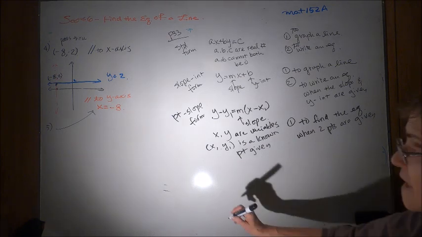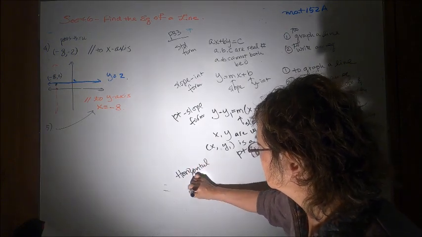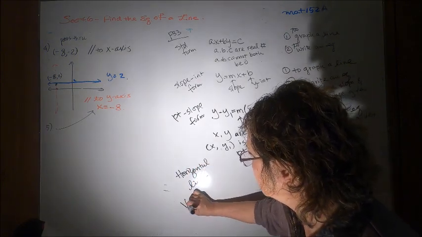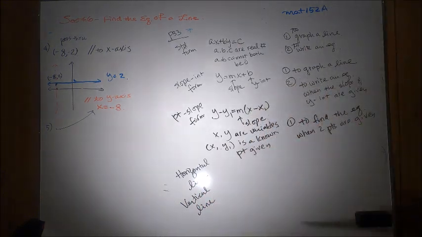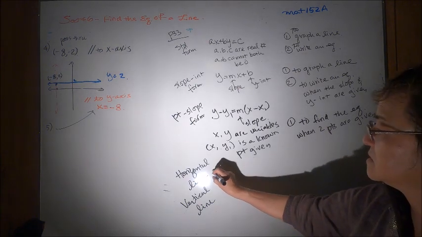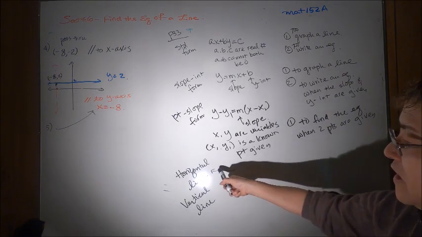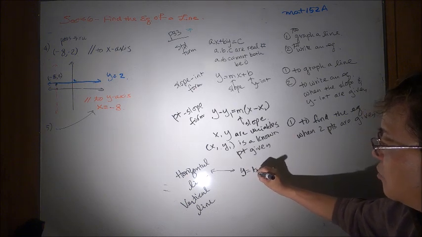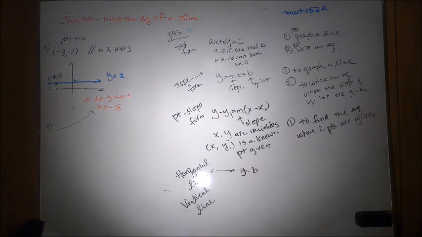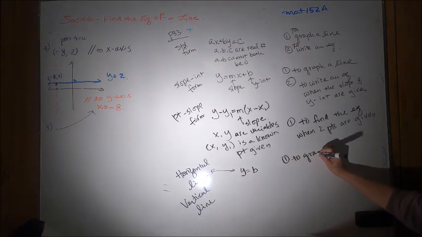Then 2 special cases. One is a horizontal line. One is a vertical line, right? You know it's x equals something or y equals something. A horizontal line means like this. Then x is running free, any number, which means y is fixed. So you say y = b, right? So we use this to graph a line.